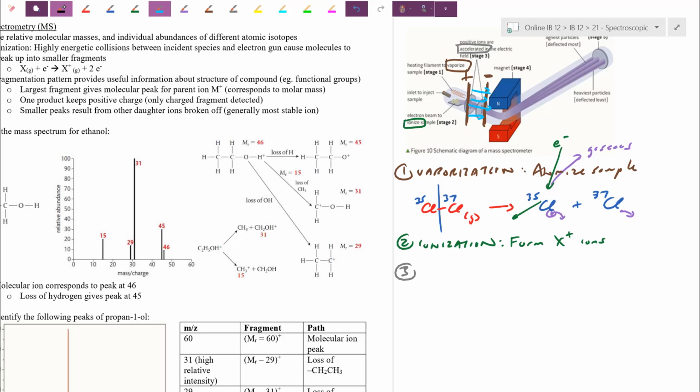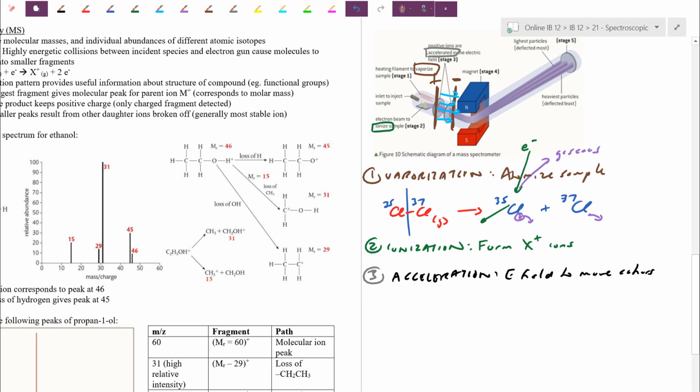So for acceleration, we're actually using an E field to move our cations. And I actually want to direct them so they go through the rest of the device. For simplicity, let's imagine there's just one hole in the plate. So if my cation was perfectly aligned with that hole there, not only would they have a tug and a speed towards the negative plate here, they're actually going to be sent through the rest of the device.